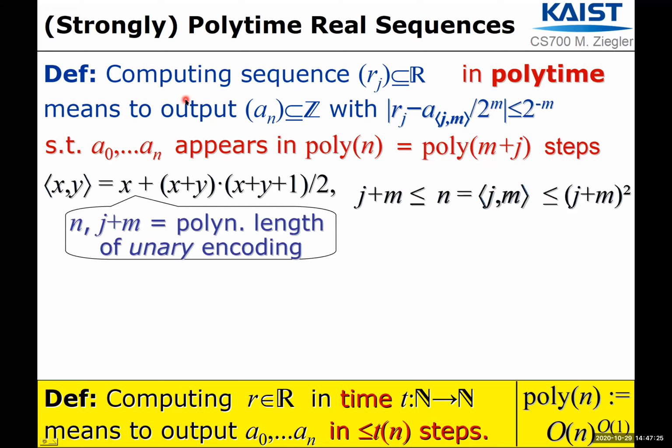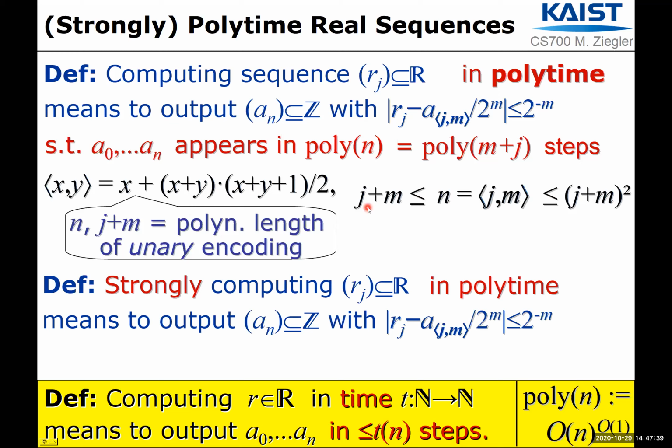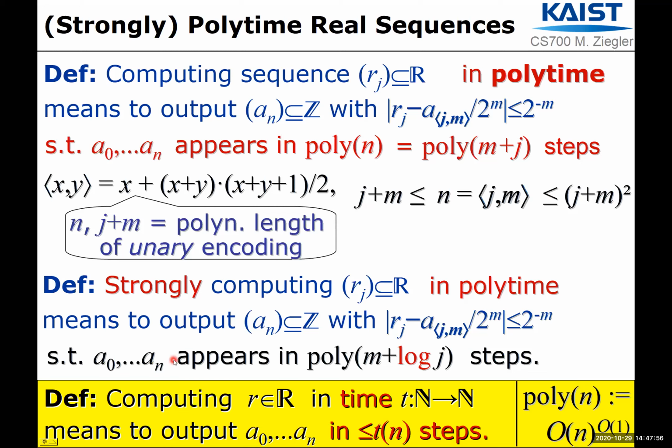So that's our first definition of polynomial time computable sequences. Now we already saw that there's a second definition, namely strong polynomial time computability. What does that mean? Here's the definition for the same sequence, which begins basically the same way with the computability notion, but now we require that the first n entries appear within a running time which is polynomial in the precision parameter m as usual, but now in the logarithm of the index.